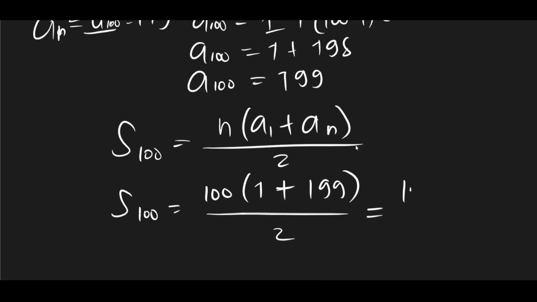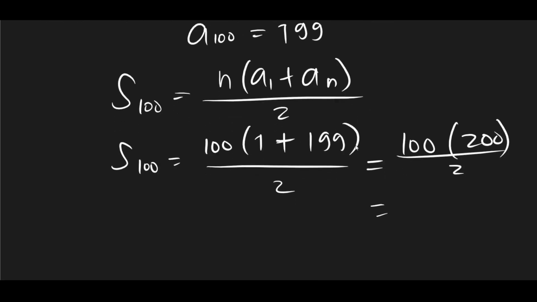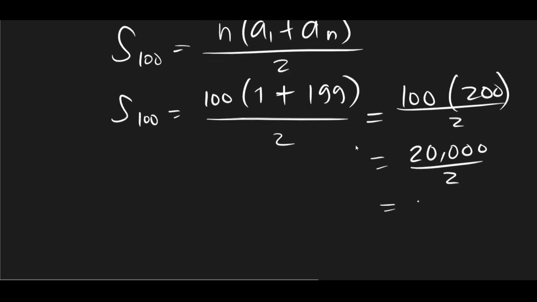So what do we have? 100 multiplied by 200 all over 2. 100 times 200 is 20,000, divided by 2, you will get 10,000. Okay, so this is our S100.